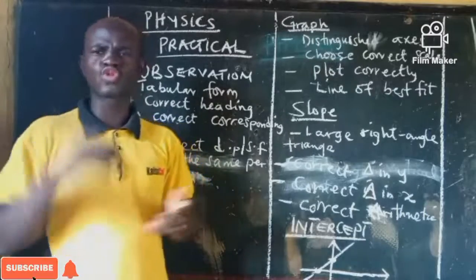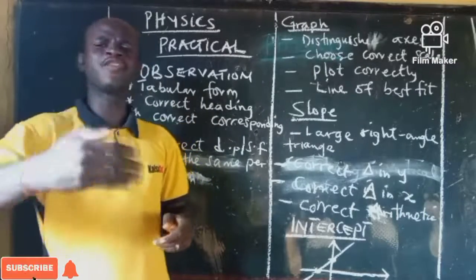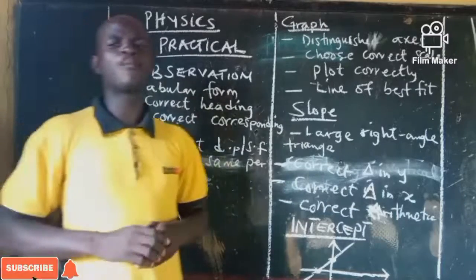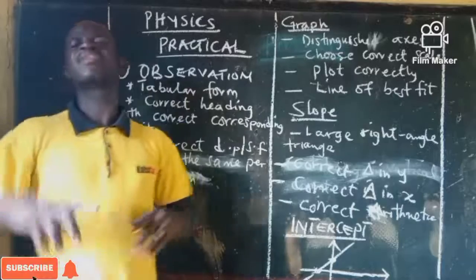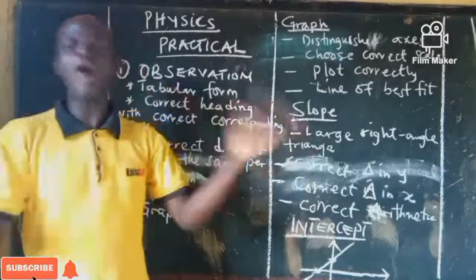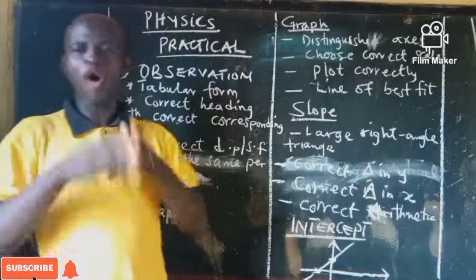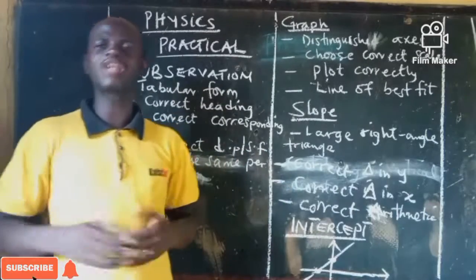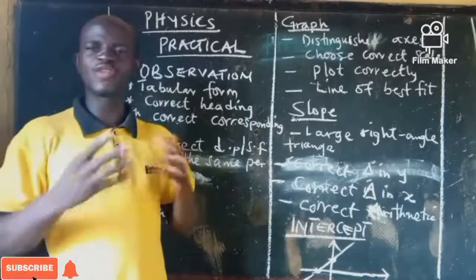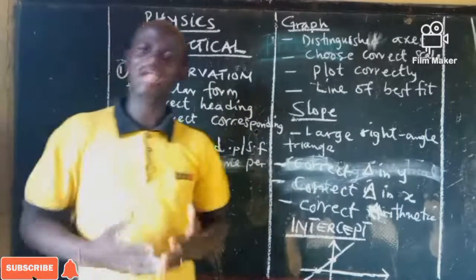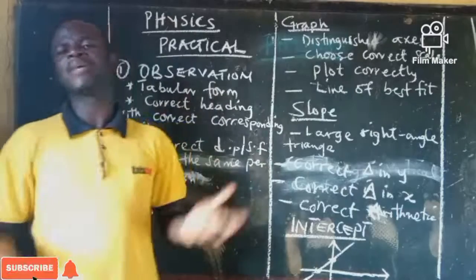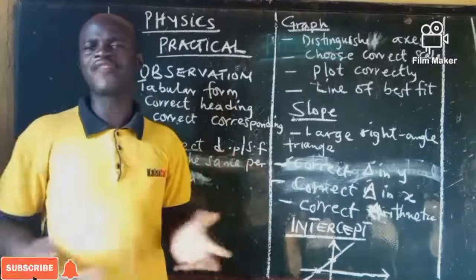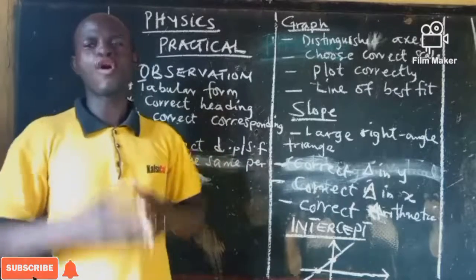This scale that you are going to choose depends on a few factors. Number one, the graph you have to plot must cover at least, let me say, 4/5 of the page given to you. Yes, if you are working with 4/5, it will fetch you a good mark. 4/5 of that page, or 3/5 of that page.